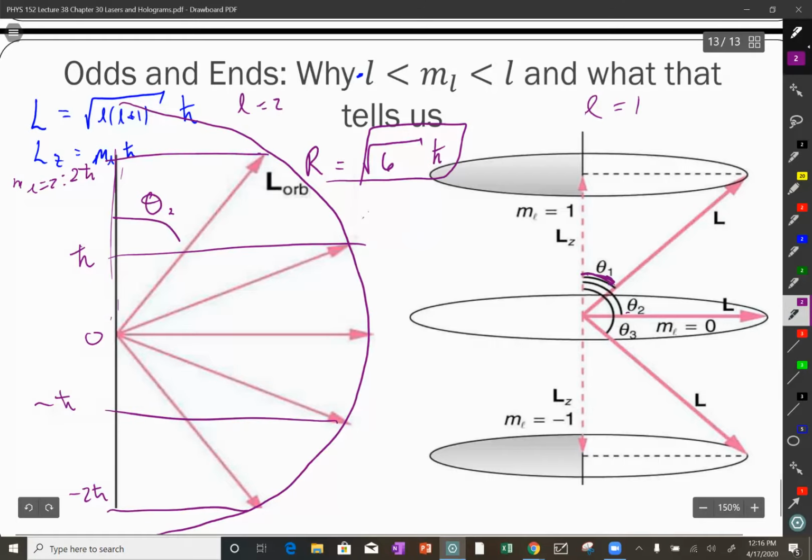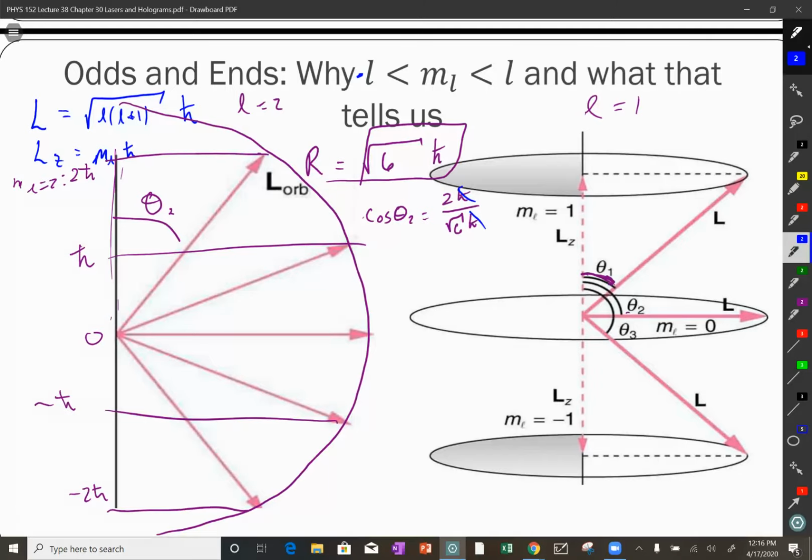So hypotenuse and adjacent, that's cosine. Cosine theta 2 is adjacent, 2H bar, over hypotenuse, square root 6 H bar. Notice the H bars conveniently cancel out. And so cosine theta 2 is equal to 2 over square root of 6.